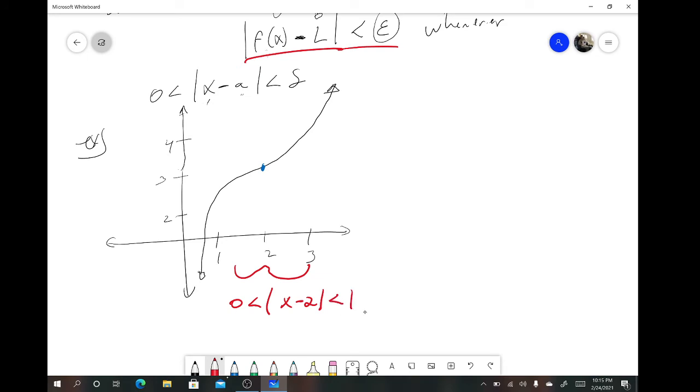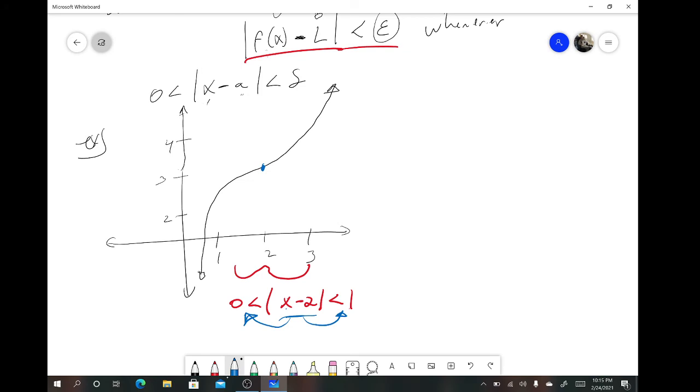And let's say we choose delta to be 1. So what you're saying is that this distance, this x minus 2, is less than 1. You can make it less than 1, but it still is a positive number. So it's a decimal number, let's say. So you're going to make this distance very small.